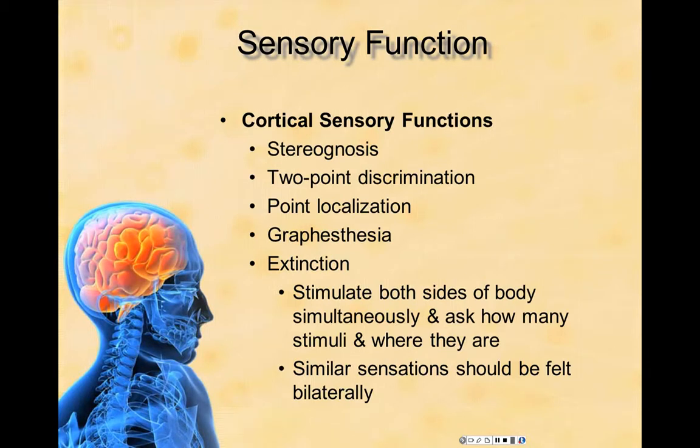Point localization, whether they can tell you where exactly they have been touched. Graphesthesia, as we talked about earlier, drawing something in someone's palm and they're able to tell you what it is. And extinction is stimulating both sides of the body simultaneously and asking how many stimuli and where they are. Similar sensations should be felt on both sides at the same time.